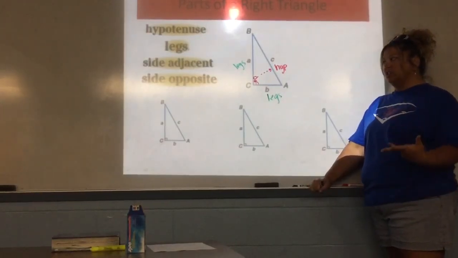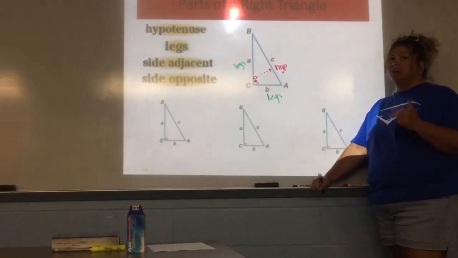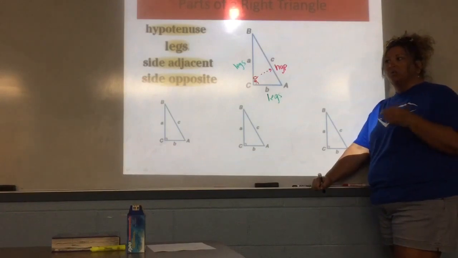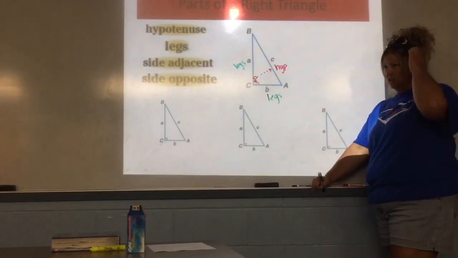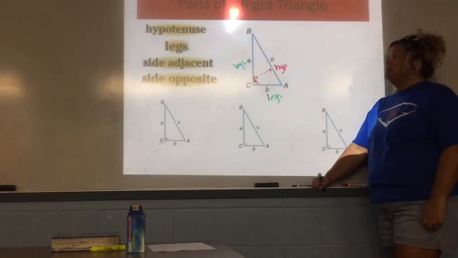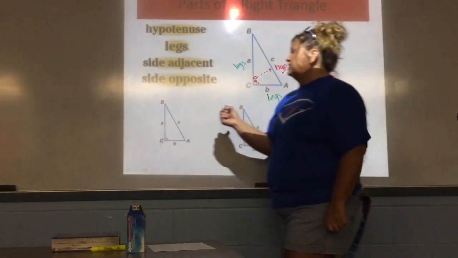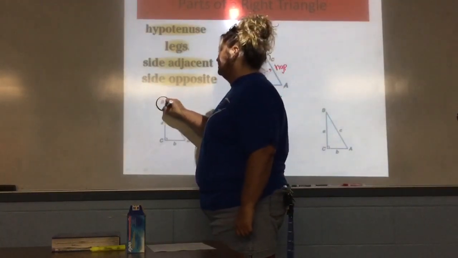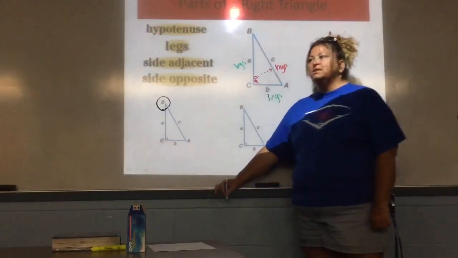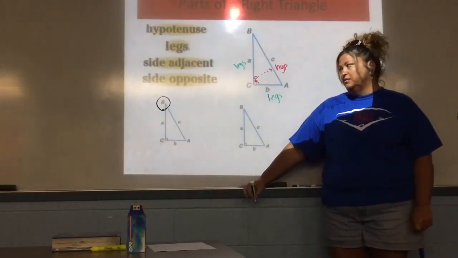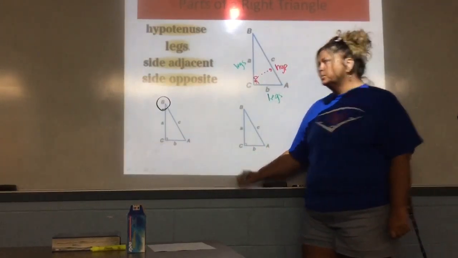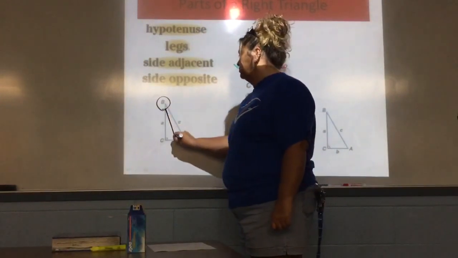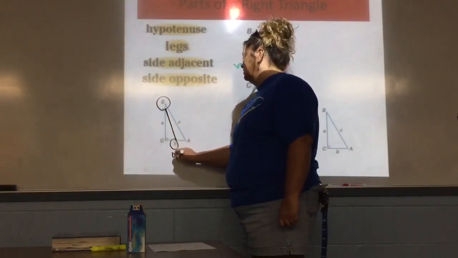Okay. Alright, now, there's something else that we haven't touched on that much, okay? It's the side adjacent and the side opposite. All that depends on what angle we are orienting ourselves with, okay? If I'm using angle B, what would be the side opposite of B? Little b. This one would be opposite.